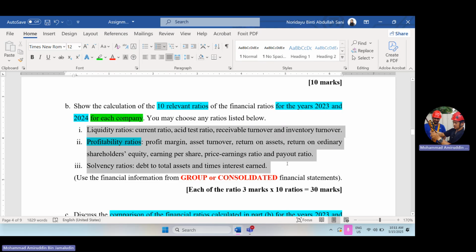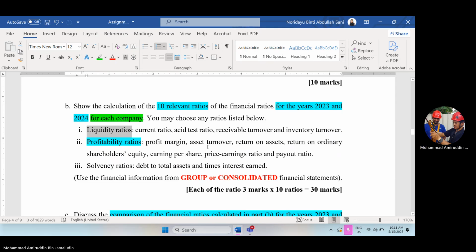Of course, I think the profitability ratio is the easiest one to explain, but the most interesting one to talk about is the liquidity ratio. Okay, 10 ratios, choose any of these for each company for each year, 2 years.